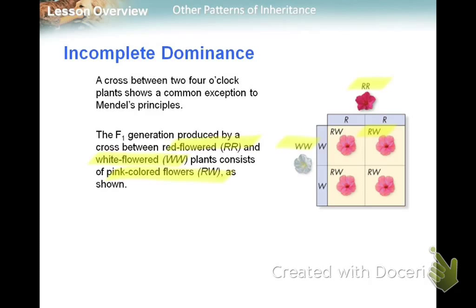You can represent this in a couple different ways. In this example, we have two different letters next to one another that indicate that these are incompletely dominant instead of dominant and recessive. So you don't have a capital letter and a lowercase letter because that indicates dominant and recessive. The other thing you can use is a prime.